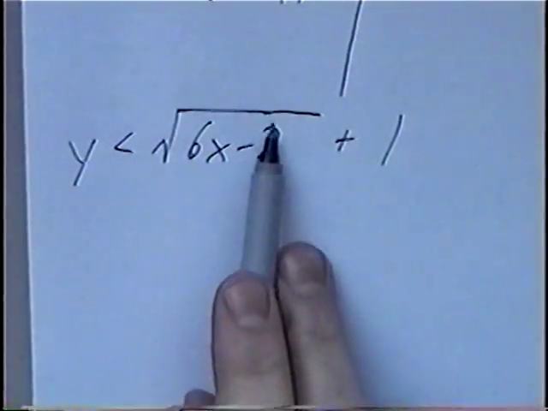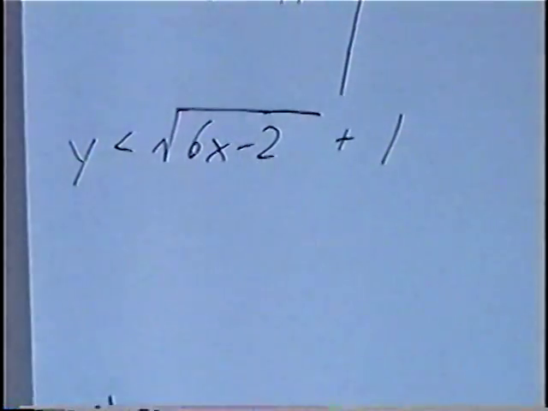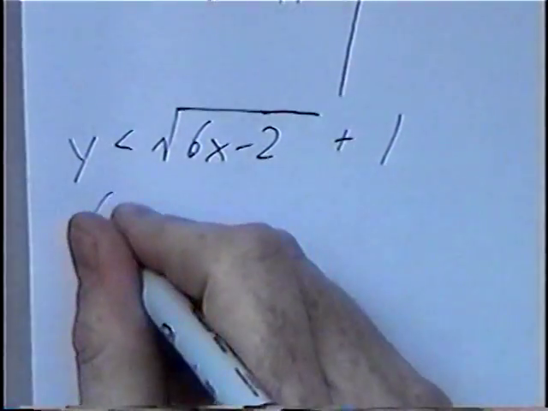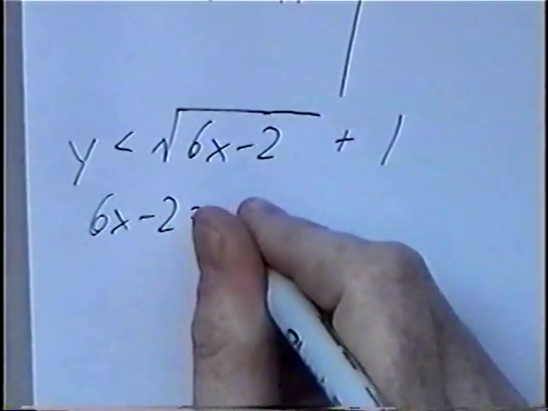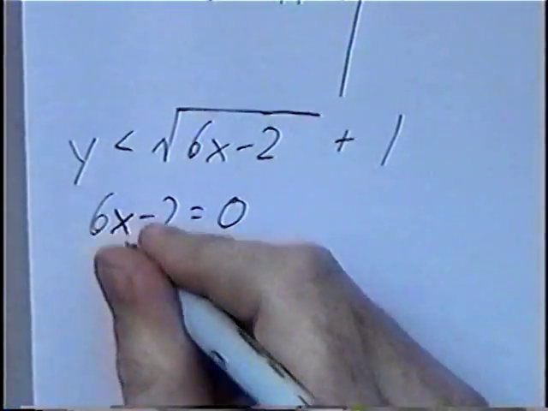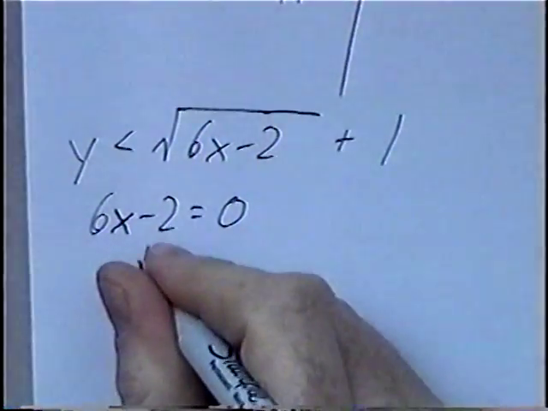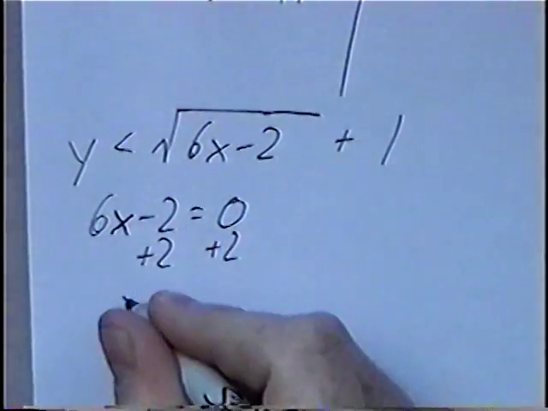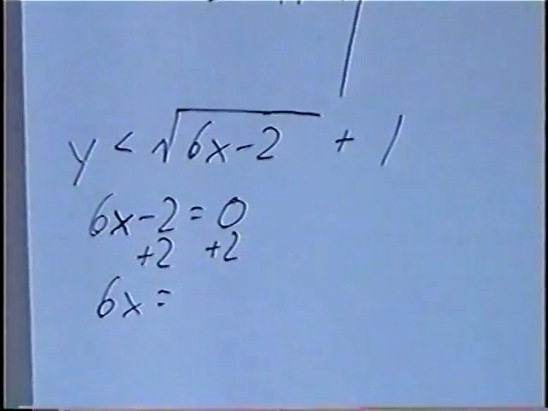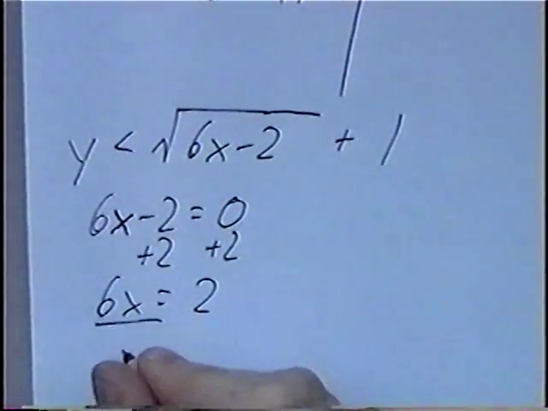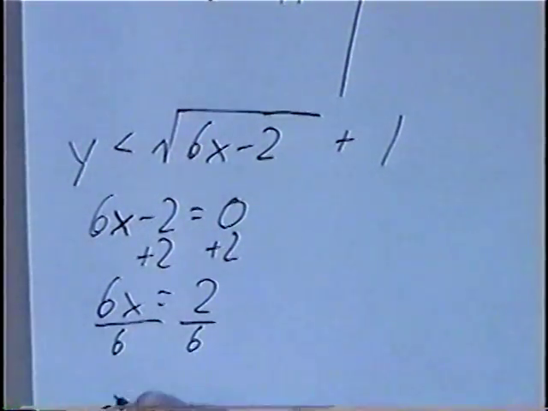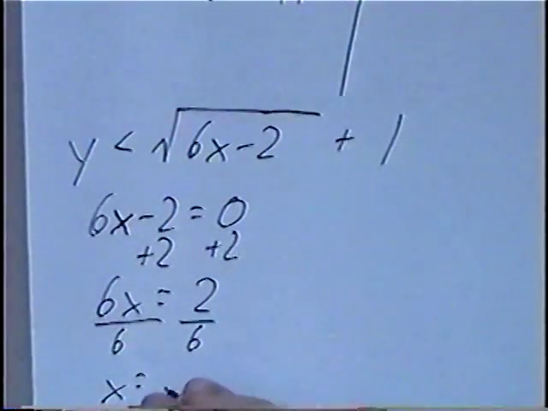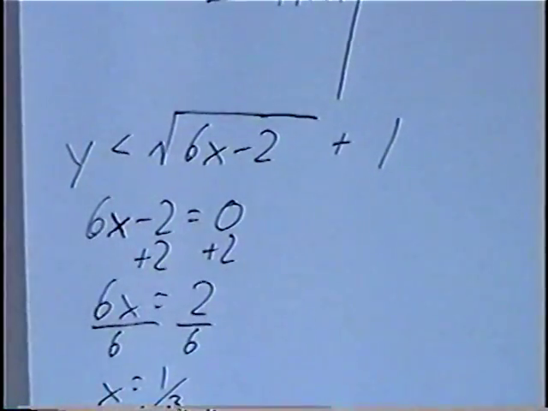To find that point, we want to find out where the square root is equal to 0, or where 6x minus 2 equals 0. Solving it for 0, we can add 2 on both sides. So 6x is equal to 2, and dividing by 6, if we reduce fractions, the x value we'll use is positive 1/3.